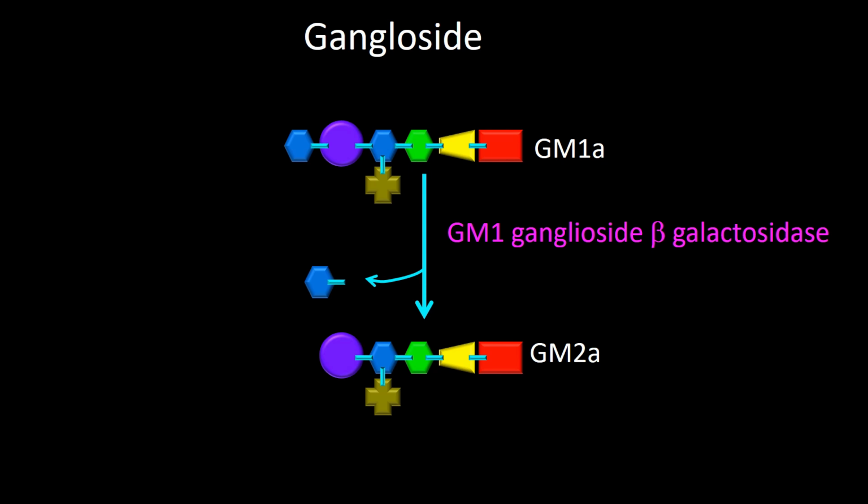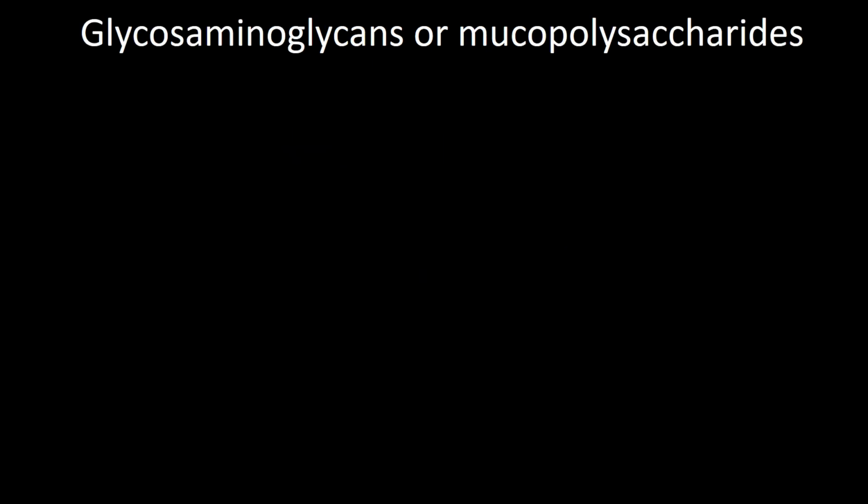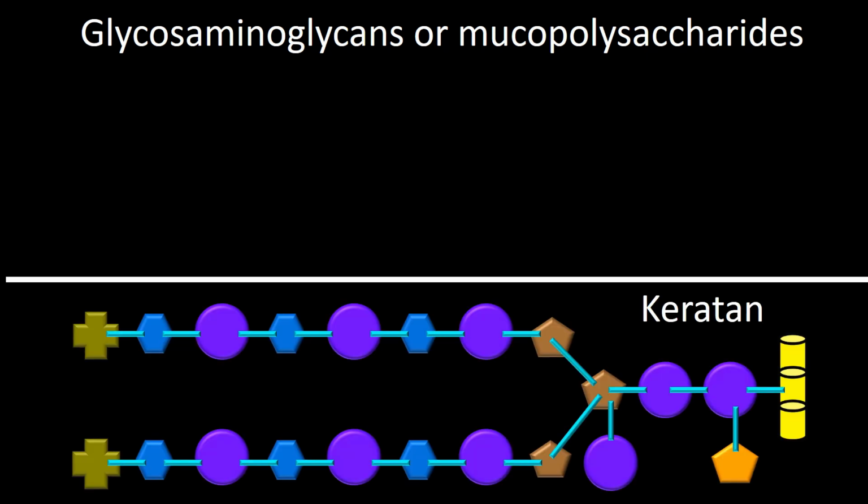As we have seen, GM1 ganglioside beta galactosidase transforms GM1 into GM2 by cleaving a galactose from the ganglioside, but that is not the only work this enzyme does. This enzyme is also involved in the catabolism of mucopolysaccharides, specifically in the catabolism of keratan.